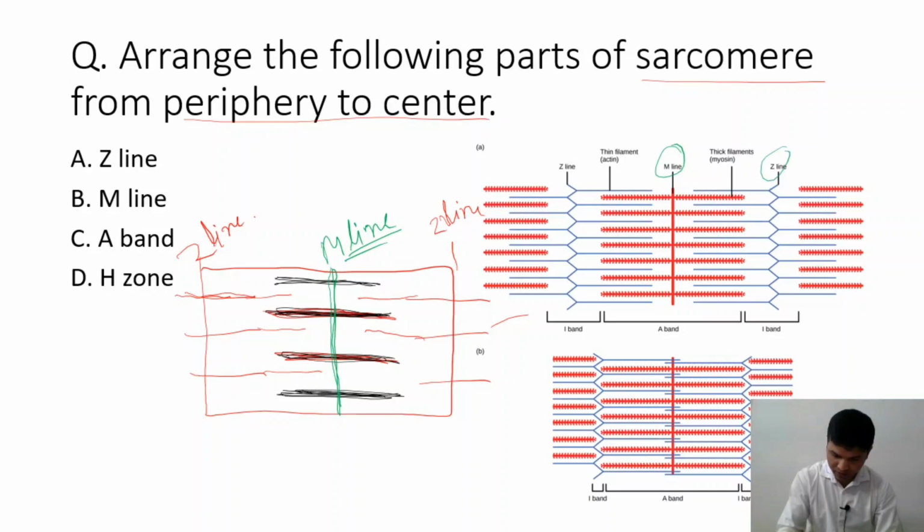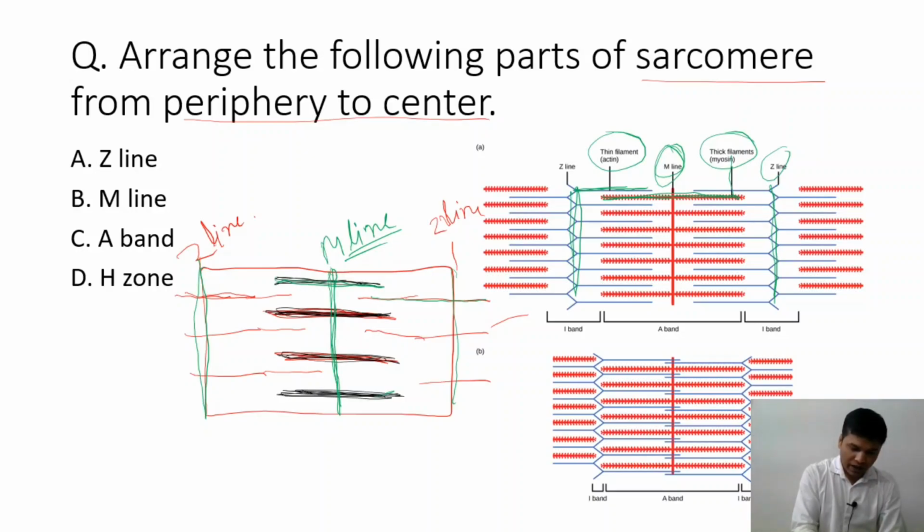This is a Z line, this one is Z line, and this is the M line. This one is myosin, and this one is actin. So here you can see this is actin, and this one is myosin actually. So here, arrange the following parts of the sarcomere from periphery to center.